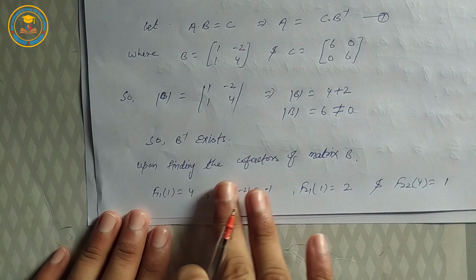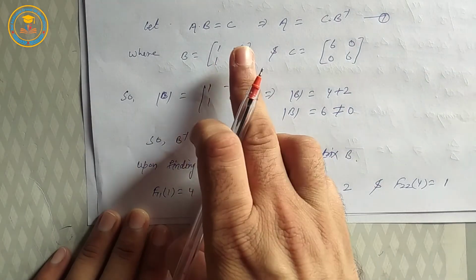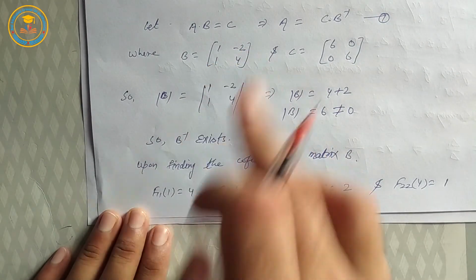Okay, upon finding the cofactor of matrix B, the elements are 1, minus 2, 1 and 4.